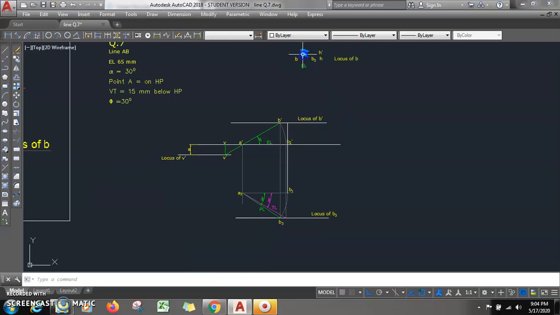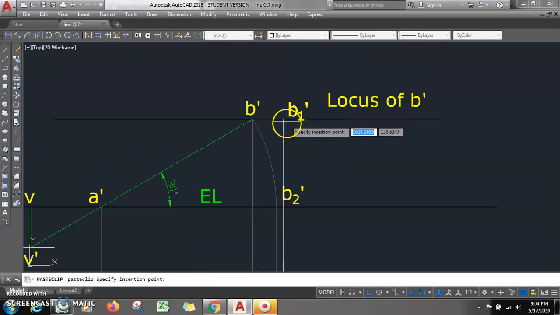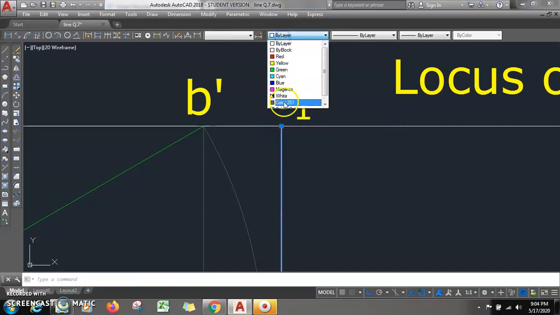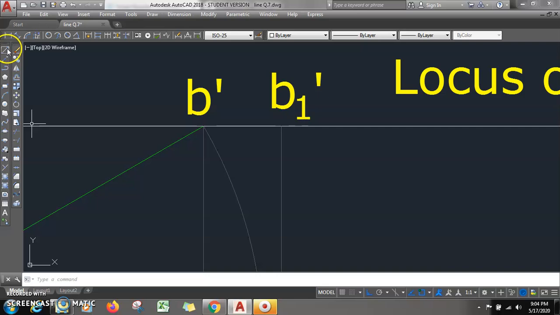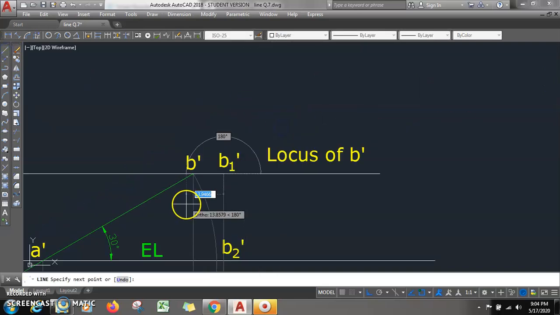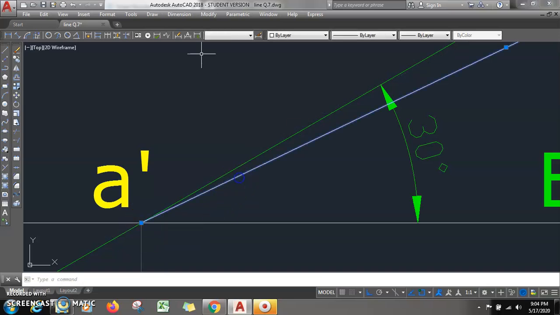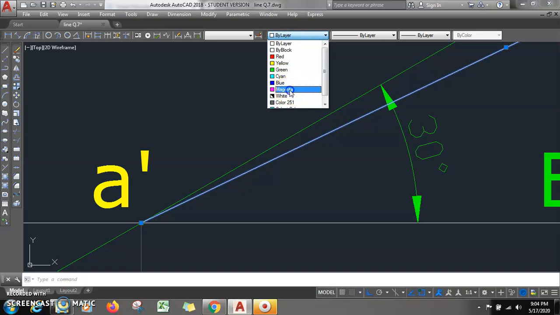So once we have this point B1 dash, what next, join this B1 dash with A dash. ठीक है, so this length is what? This length is true length.